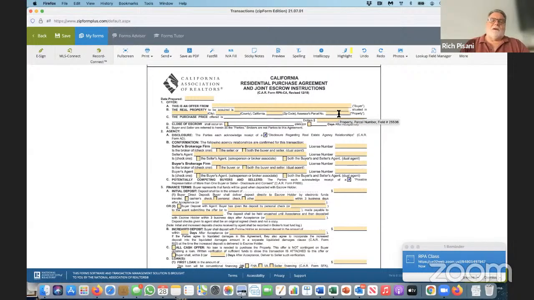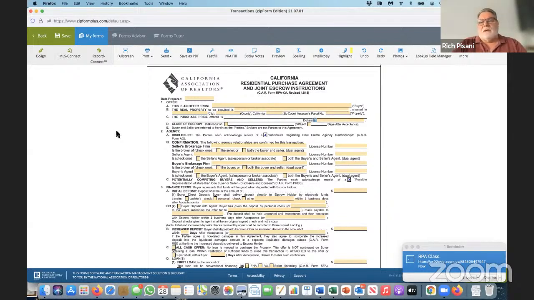You can get it from there, or you can get it from Realist. There are a number of places you can get the APN number, but make sure it's on there so the property is identified correctly. Purchase price: all you have to do is put in a number and it automatically types it out as words.